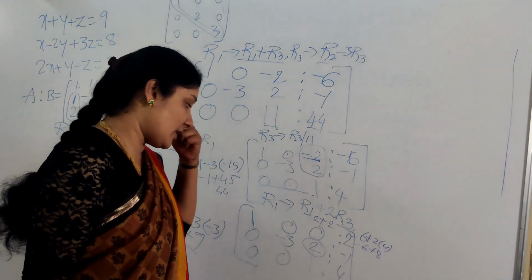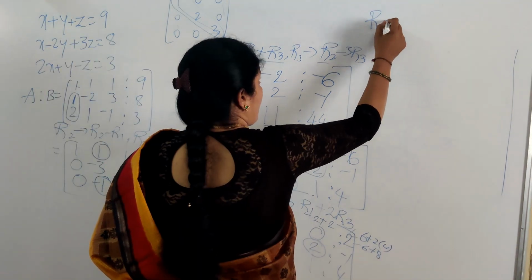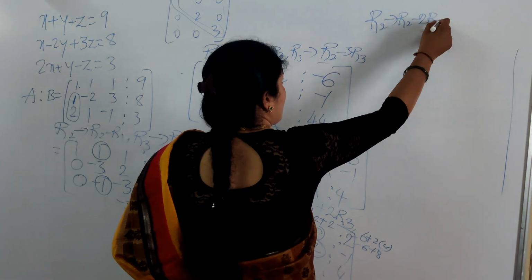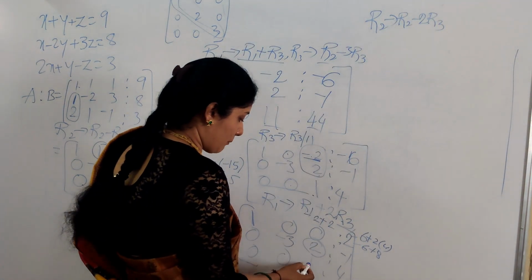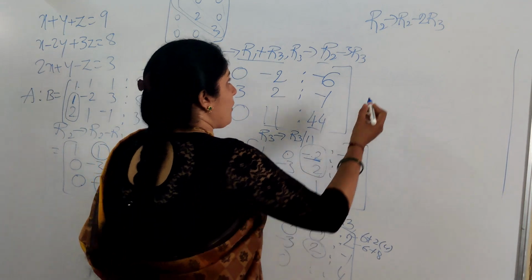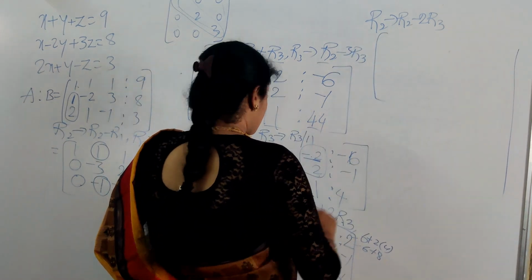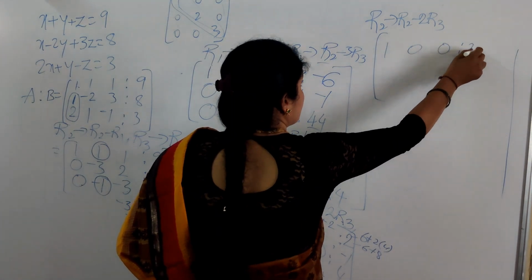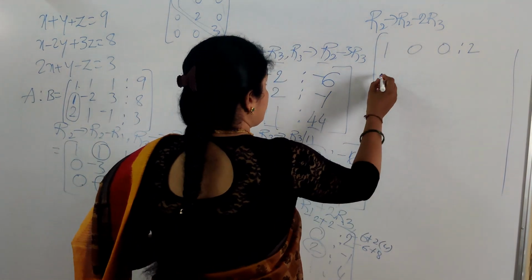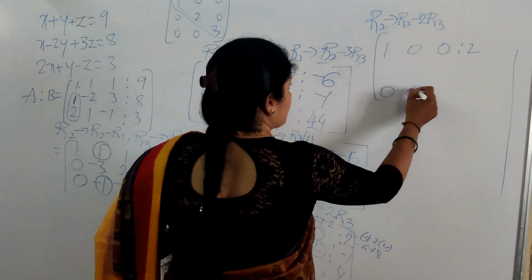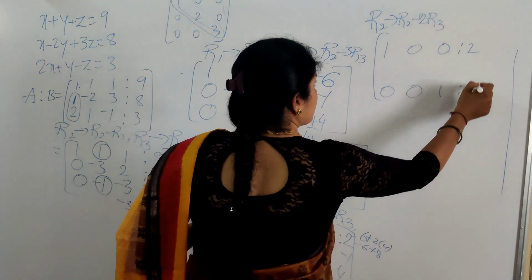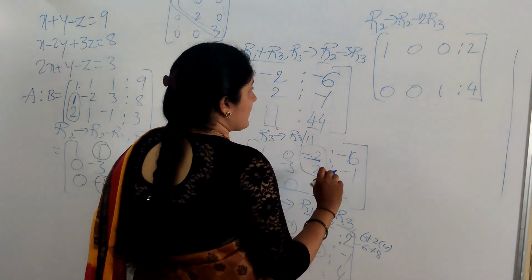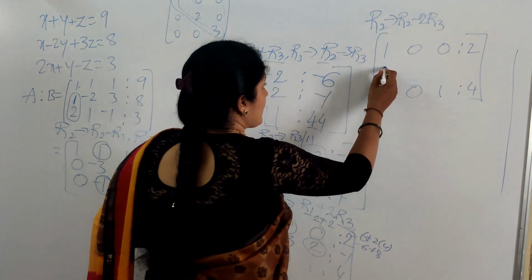So, how to make this 0 now? R2 is R2 minus 2 R3. What does it become here? See now, R2, that is 0. Okay, so this becomes 0.